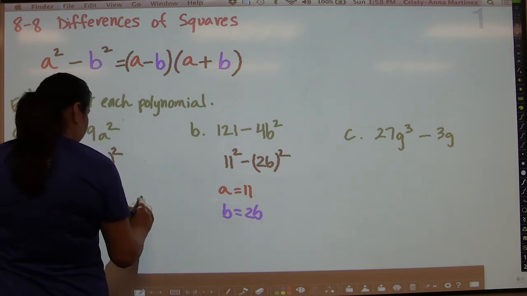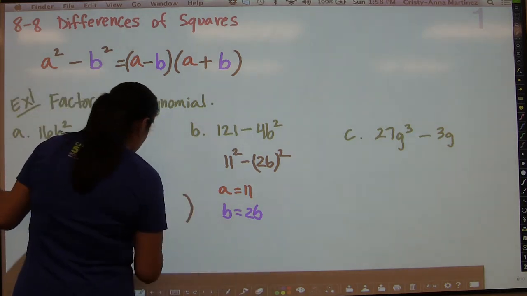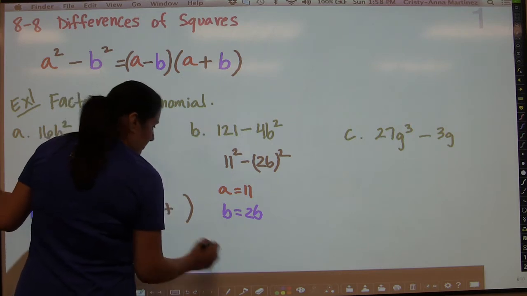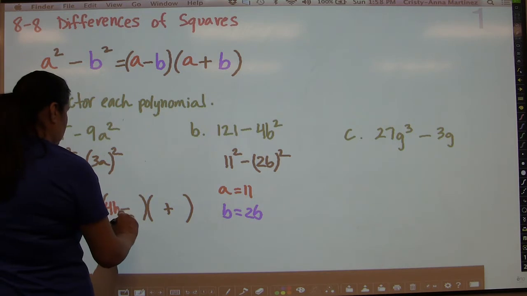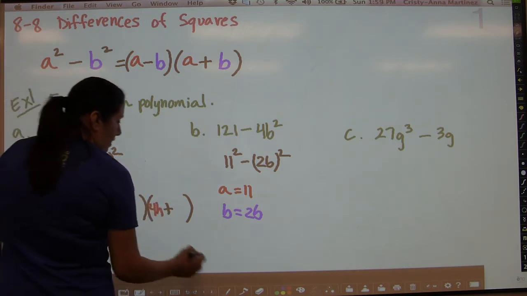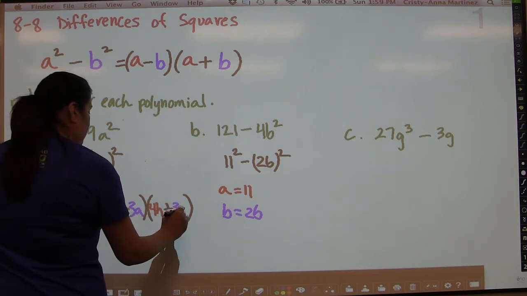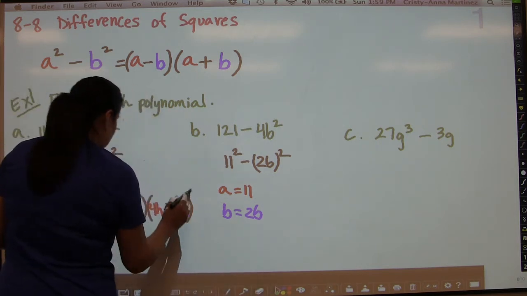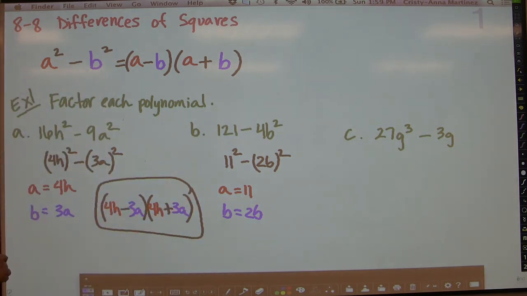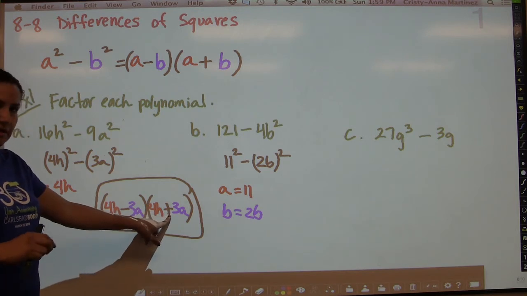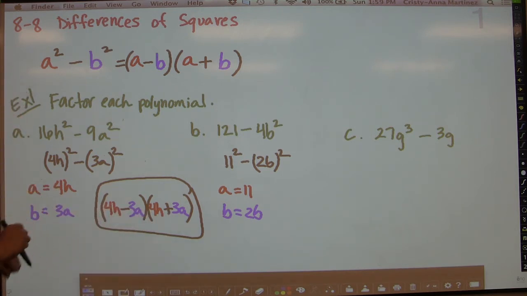We know we're going to get a minus b, so in this case, my a is 4h, and my b is 3a. So just like that, you have your answer, 4h minus 3a and 4h plus 3a. It doesn't matter if you put plus here and minus there, that doesn't matter, but you have to have one of each.